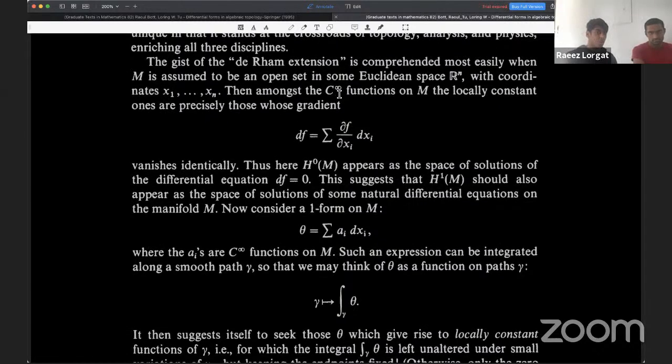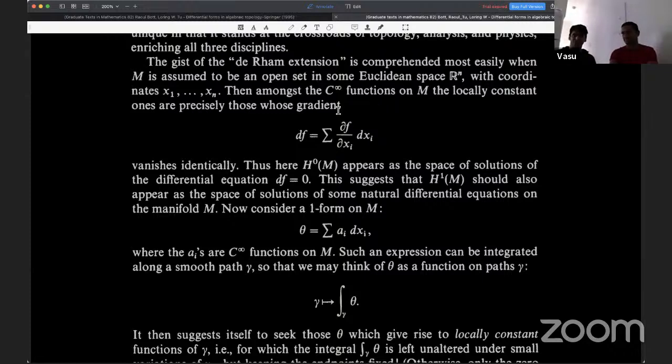Then we can consider the totality of all smooth functions on this domain, and ask how you characterize the ones that are locally constant. We already determined that H0 is spanned by the locally constant ones. So we need a way to pass from all functions to the ones that determine H0, and if we can generalize that procedure, then maybe we can end up with Hk.